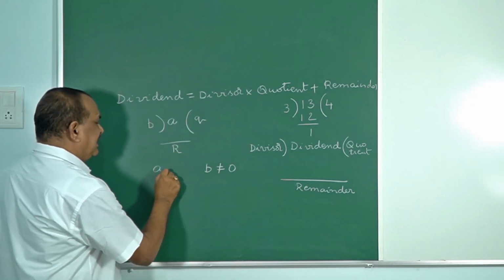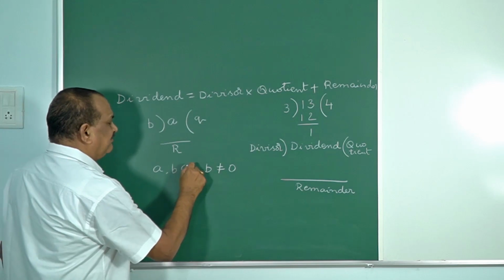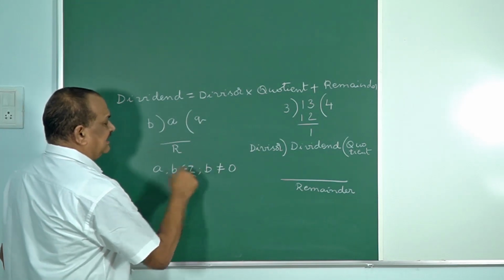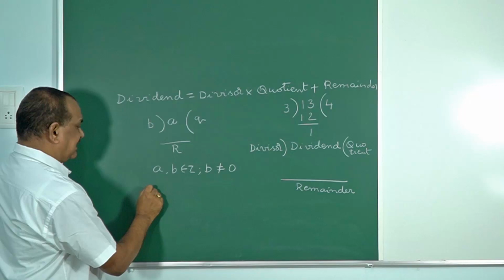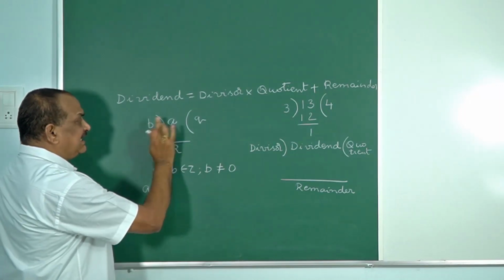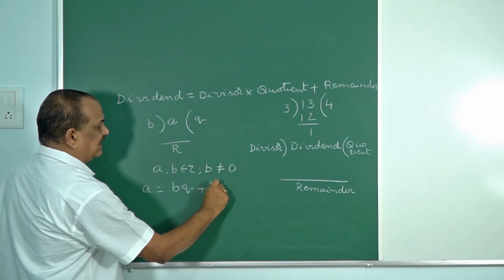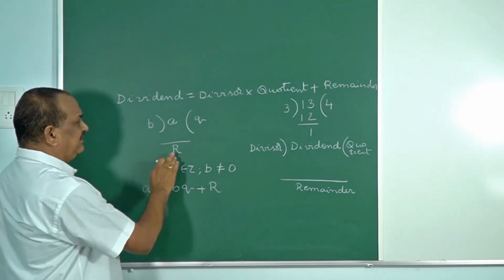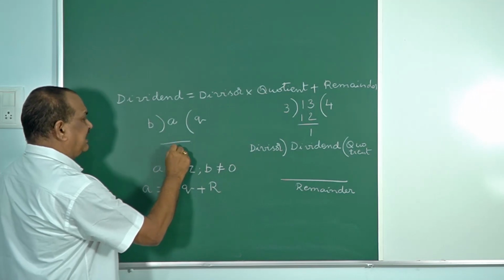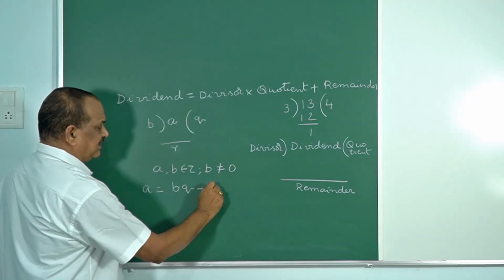Here a and b I take from the set of integers. Now let us write that a equals b times q plus r. You can take a lowercase remainder here.